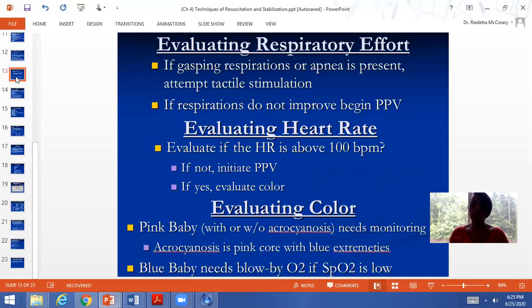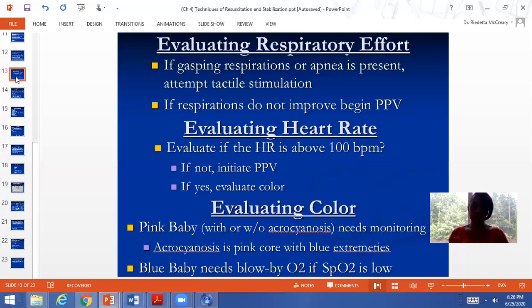Acrocyanosis is when you have a pink core with blue extremities. Those babies just need to be monitored. They don't necessarily need to go to intermediate care or to NICU. Acrocyanosis is normal, but we do need to monitor them. We do need to check on that baby a little more often than we would with a normal admit.